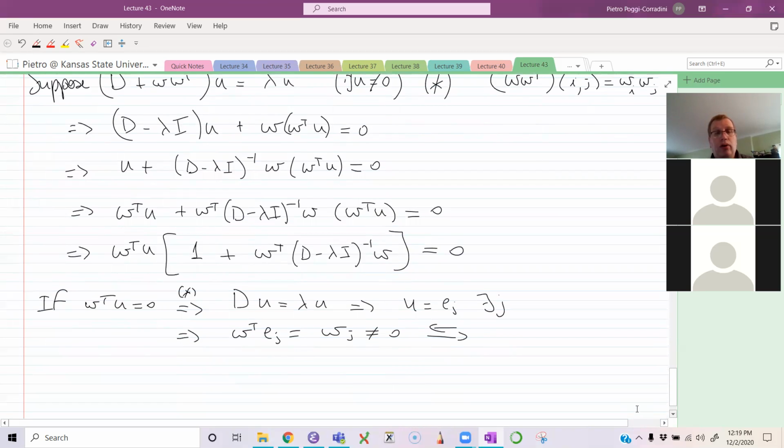All right, so w transpose u is not 0. And so the other term has to be 0. So 1 plus, and now think about what is (D minus lambda I) inverse? What is this quadratic form? In coordinates, the quadratic form says that the sum of w_j squared over d_j minus lambda is 0.